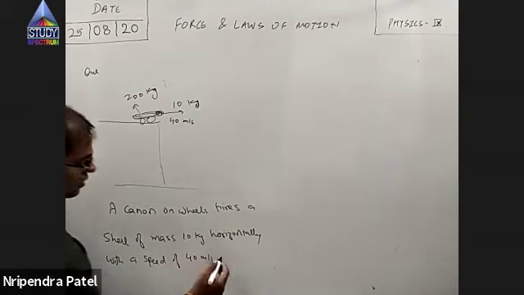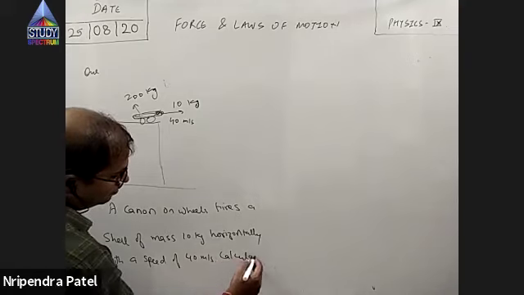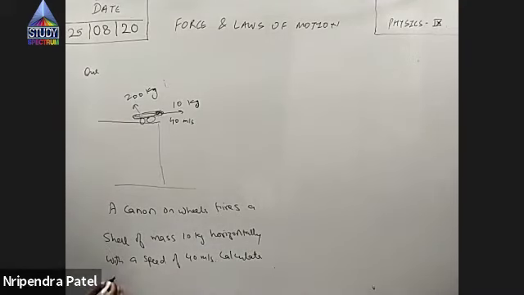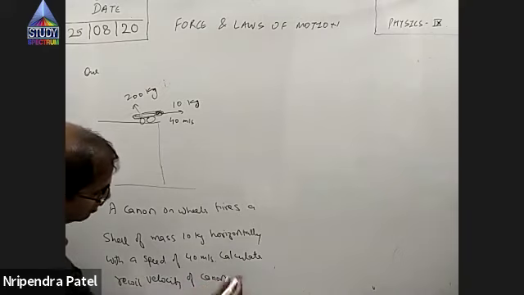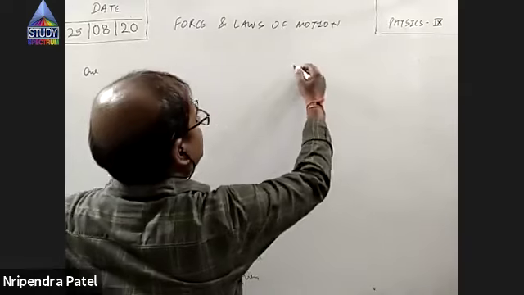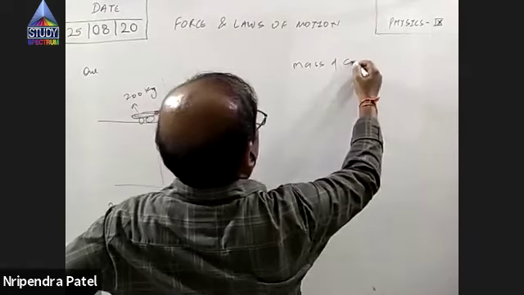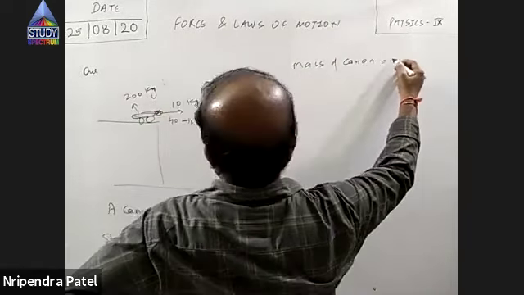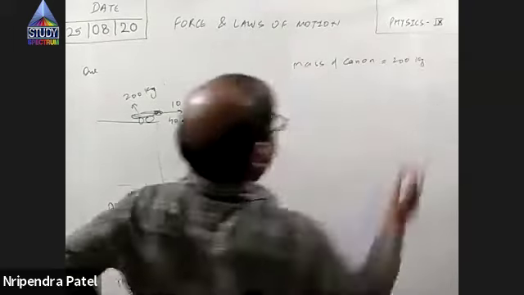Right? Calculate recoil velocity of cannon, given mass of cannon is 200 kg.